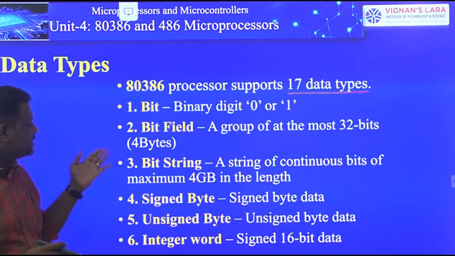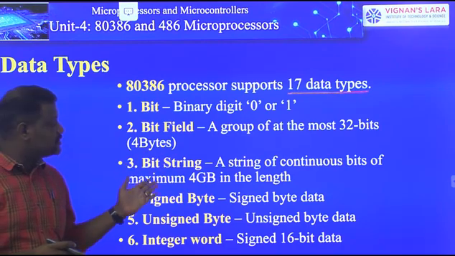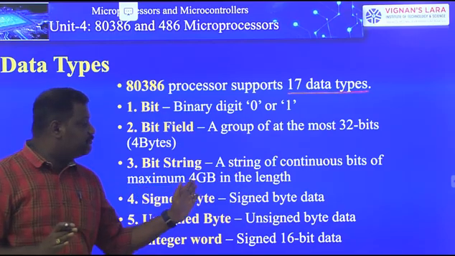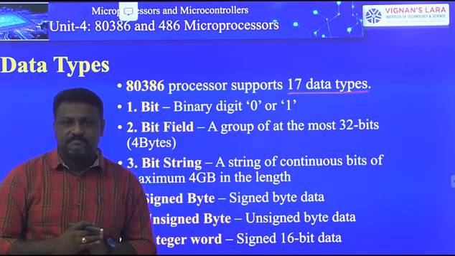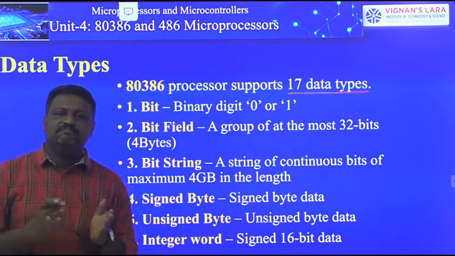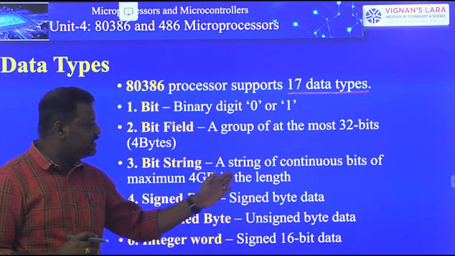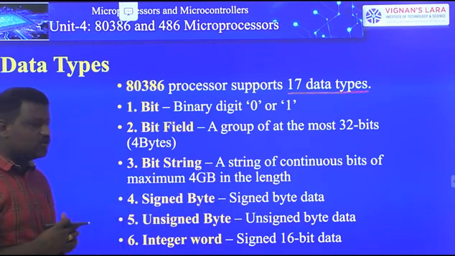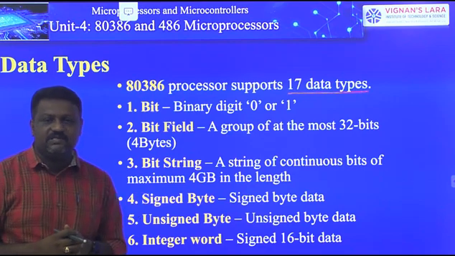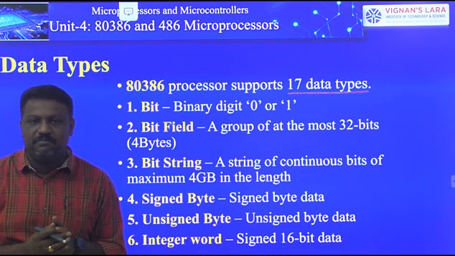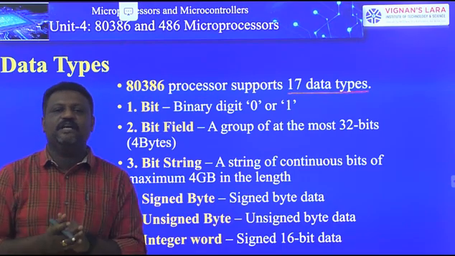Coming to the third data type, what is it? Bit string. It is a string of continuous bits of maximum 4 GB in length. So how many bits may it have? A maximum of 4 GB in length. That is what a bit string is. And coming to the fourth one, signed byte. That means the number which we are representing in 2's complement form, and that number must have only 8 bits.